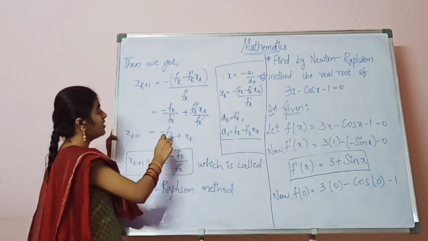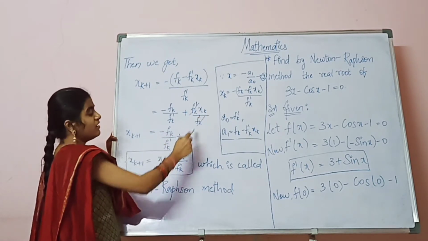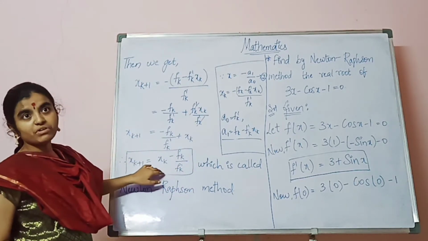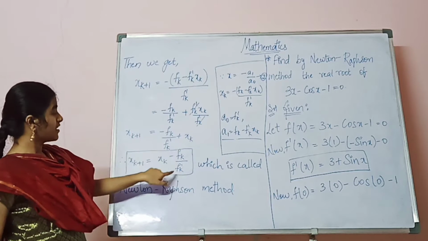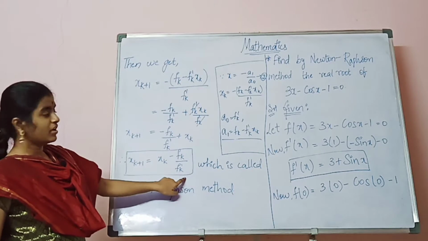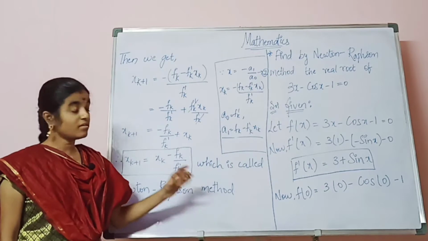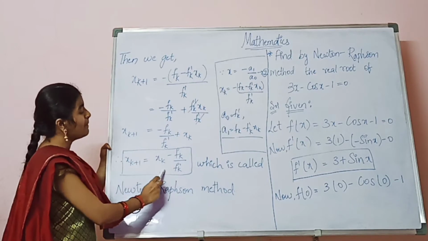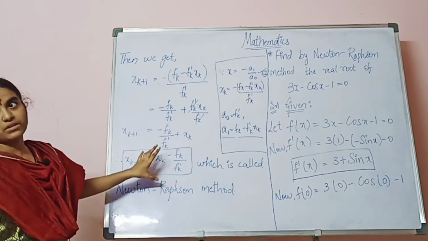So what remains is xk minus fk by f dash k. So this is the Newton-Raphson method. What is the formula of the Newton-Raphson method? This is very important: xk plus 1 equals xk minus fk by fk dash. This is the formula for the Newton-Raphson method. Is it clear up to here?